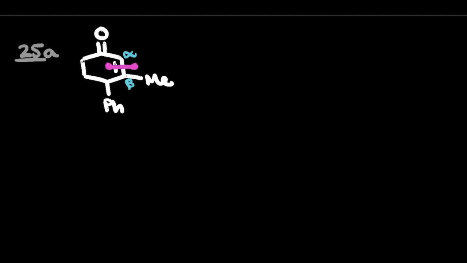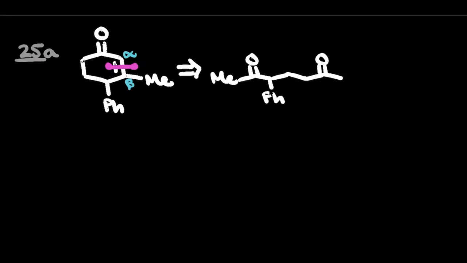So we can break that to see what the last intermediate was, and then you end up with this, which is a Michael product.